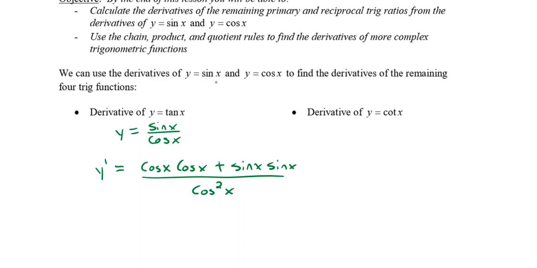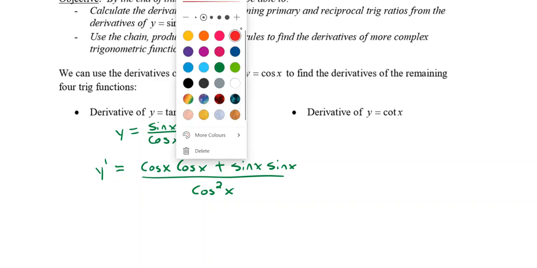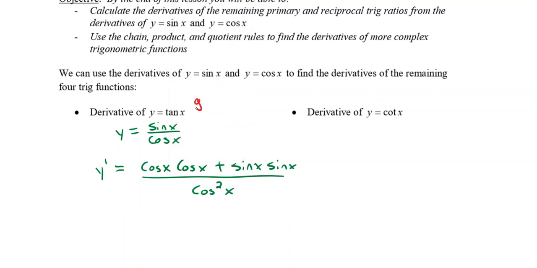So if this was g times f prime minus f times g prime all over g squared. Well, g was my cos.